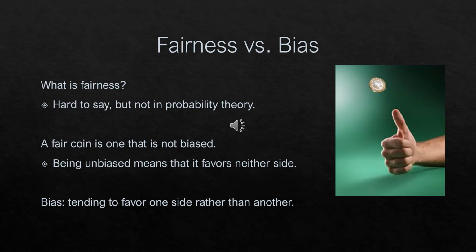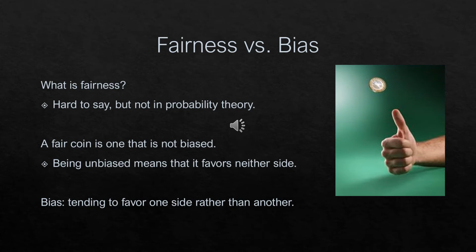That means the coin is not favoring either side when flipped, right? So you flip the coin and it comes up heads just as many times as it comes up tails. And then we understand bias in terms of tending to favor one side or one option rather than another or some set of others, right?